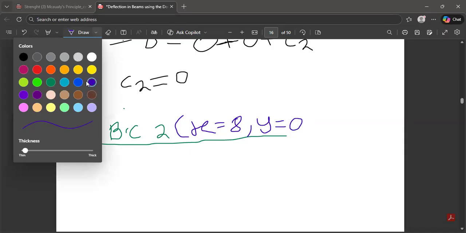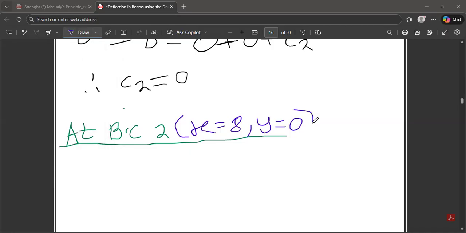Because at support B, there was no deflection at the support. Deflection normally occurs where there is no support. That is where it usually occurs.